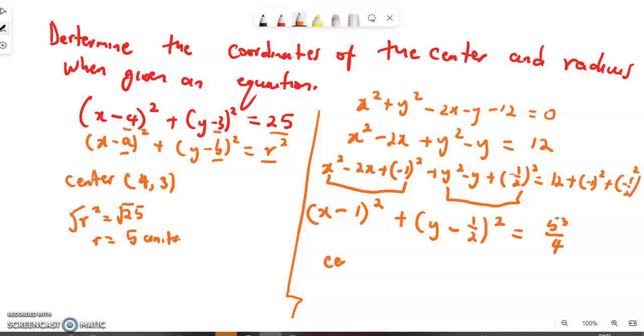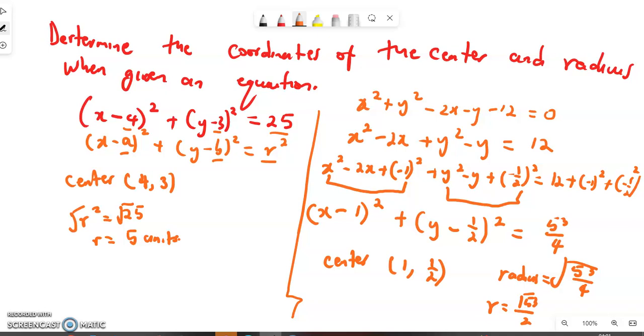So therefore our center will be at 1 and positive half, and the radius will be the square root of 53 over 4, which is equal to root 53 all over 2.